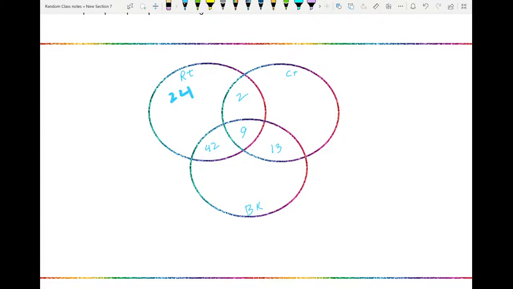Next part is craps. How many people played craps? So the total number of craps was 39. So this region is 39, and I gotta subtract all that. And that number would be 15.